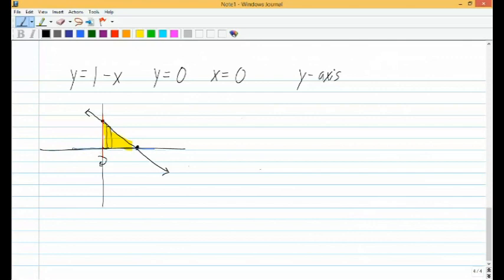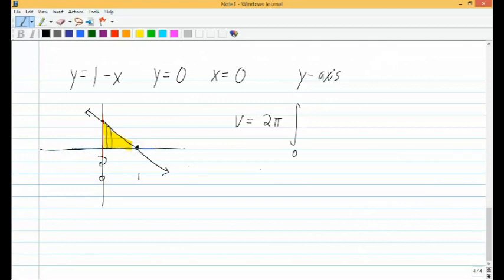So let's set this thing up. The volume equals, since we have a vertical axis of revolution, that means that we want y equals x. So volume equals 2 pi times the integral of, now we want to integrate this from a to b. Since it's a vertical axis of revolution, we want to use x values. So we need this x value, and we need this x value.